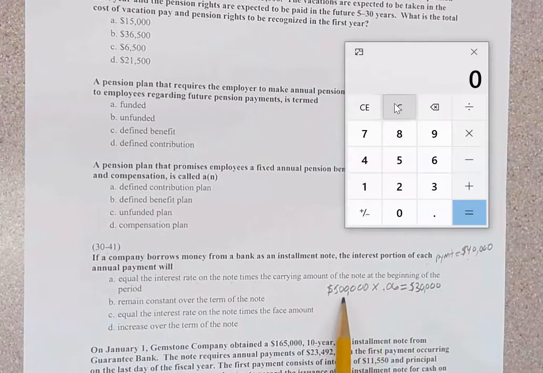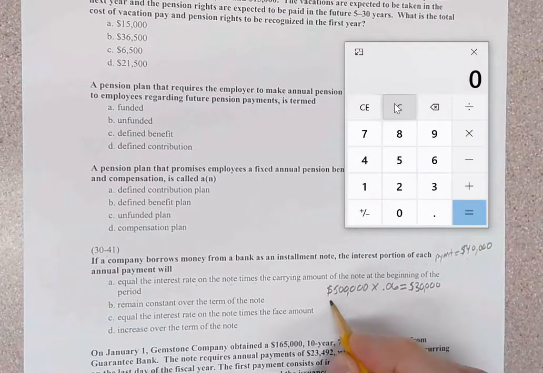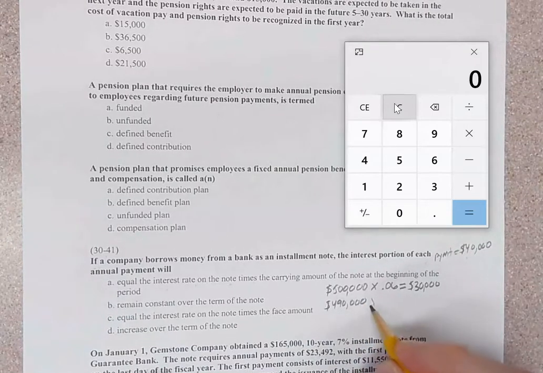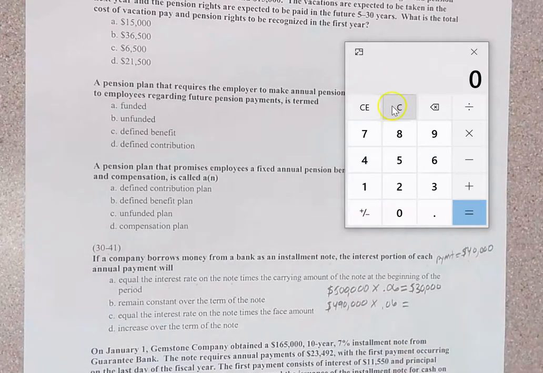We subtract it from 500. So our carrying amount after we make that payment is $490,000. Our stated interest rate is still, in our little example, 6%. And so for year 2, we're going to take our carrying amount of $490,000 times the same 6% interest rate, and that's going to give us $29,400.